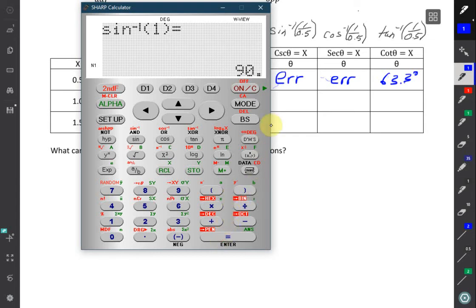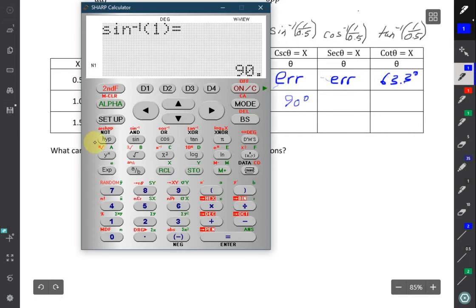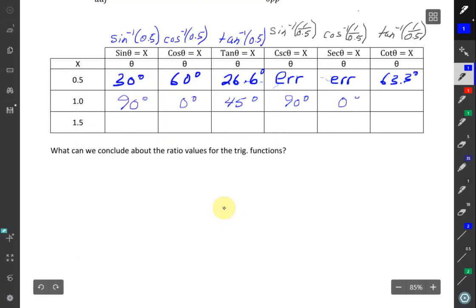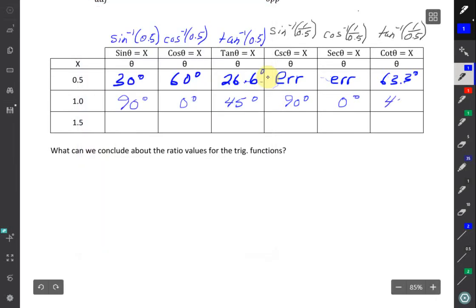And once again, we get 90. Second function, cos of 1 divided by 1, which is just 1. I'll do the divide just to show you. That gives us 0 degrees. And the second function of tan, 1 divided by 1, which is just 1. And so again, we get 45 degrees.